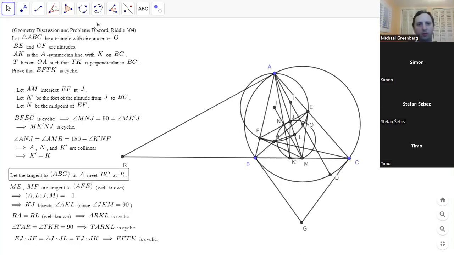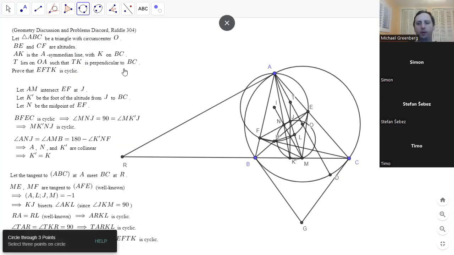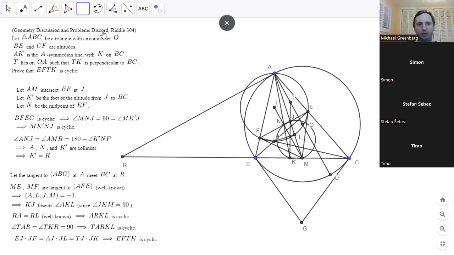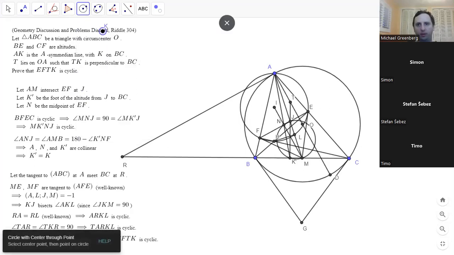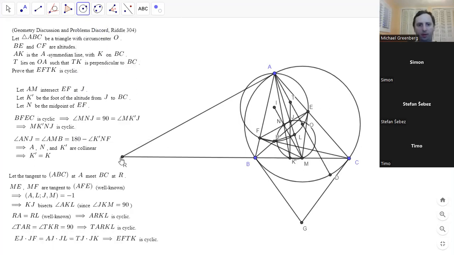We could go back to the proof of that later, but basically we're saying that L lies on this circle.